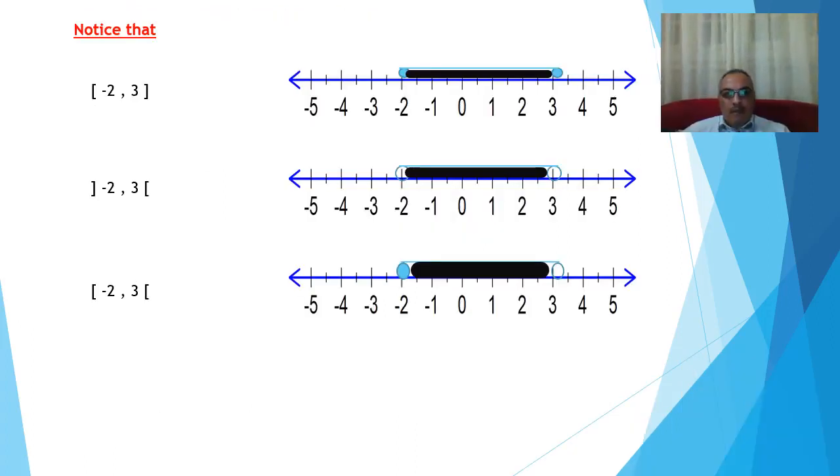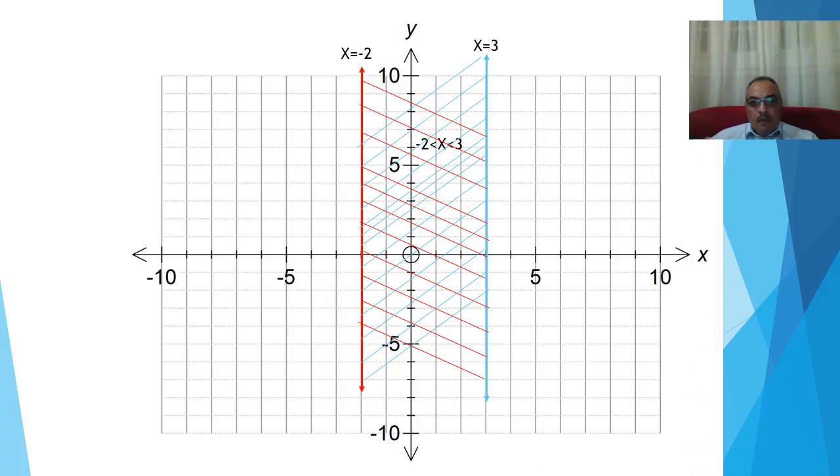Note that the interval [-2, 3], closed at -2 and closed at 3, is represented by a number line, and the interval (-2, 3), open at -2 and open at 3, and the semi-closed interval. We use this for what? When we draw x equal -2, draw a vertical line from -2.